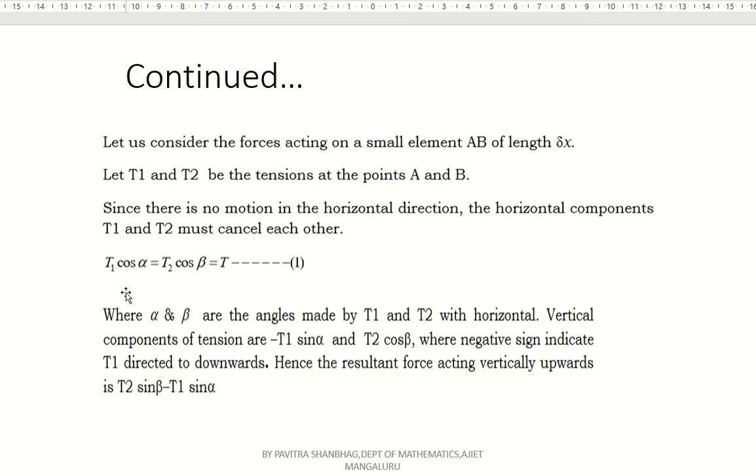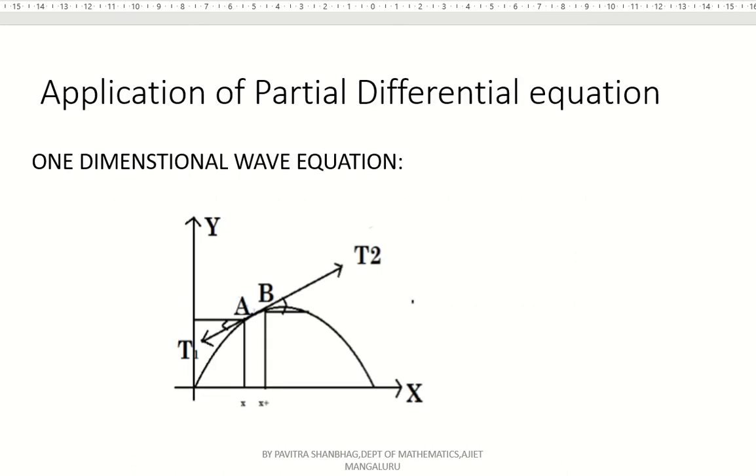Here the angle is alpha at point A and beta at point B. But T1 acts vertically downward, so for the downward direction we mention minus, and T2 is upward, so we mention positive. So minus T1 sin alpha, the vertical component, and plus T2 sin beta, because alpha and beta are the angles made at A and B respectively, right?